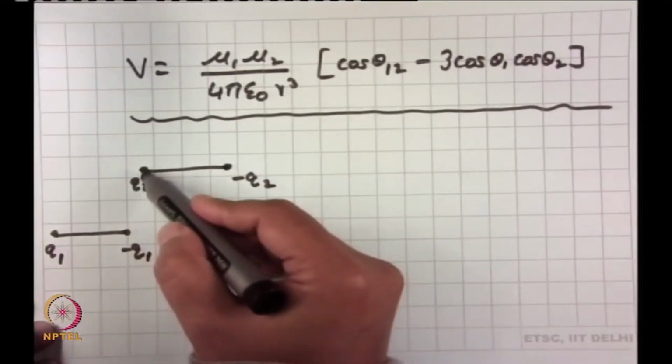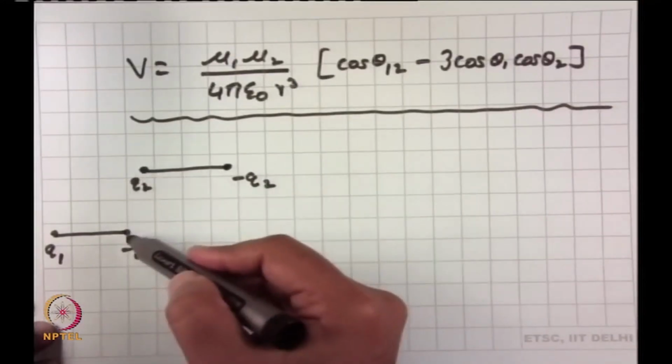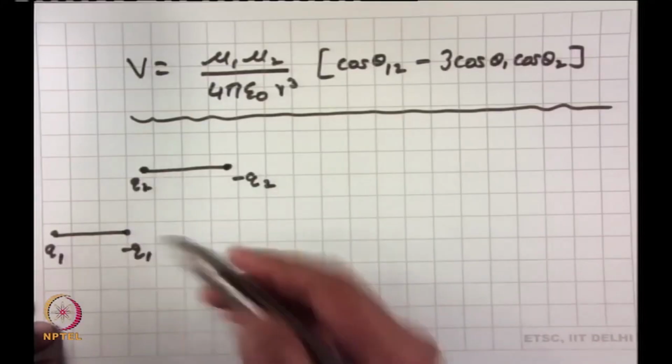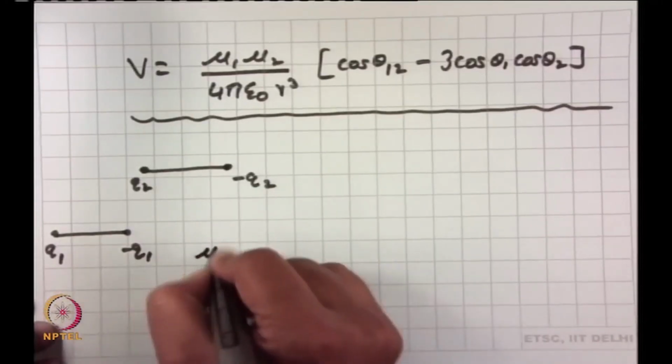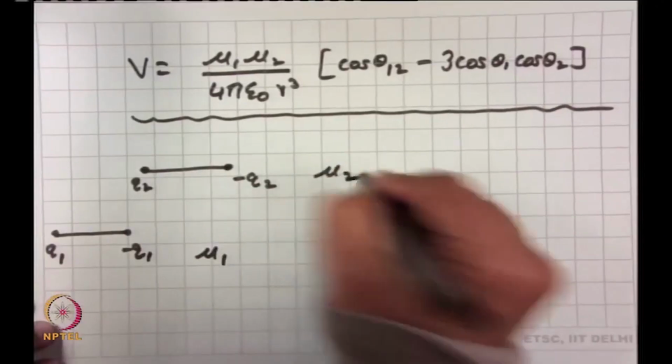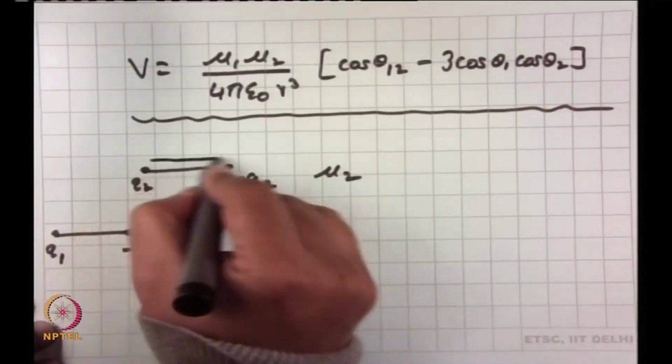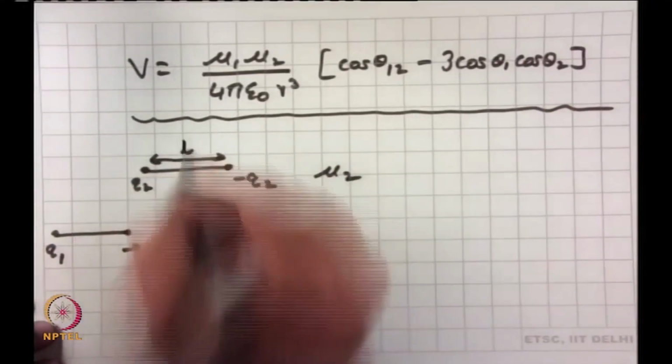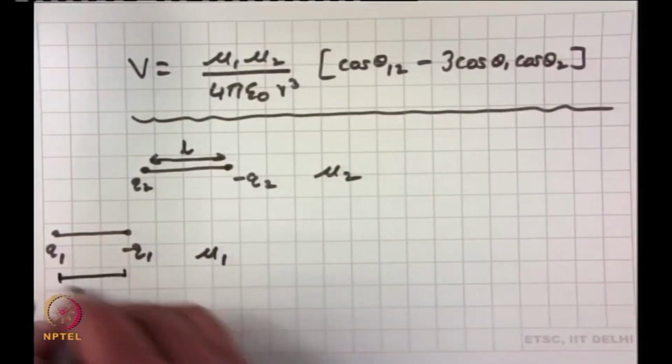So, this dipole has its orientation such that the positive end is close to the negative end of the other dipole, right. So, this is your mu 1 and this is your mu 2. Again the length is given as L, same for here, the length is given as L.